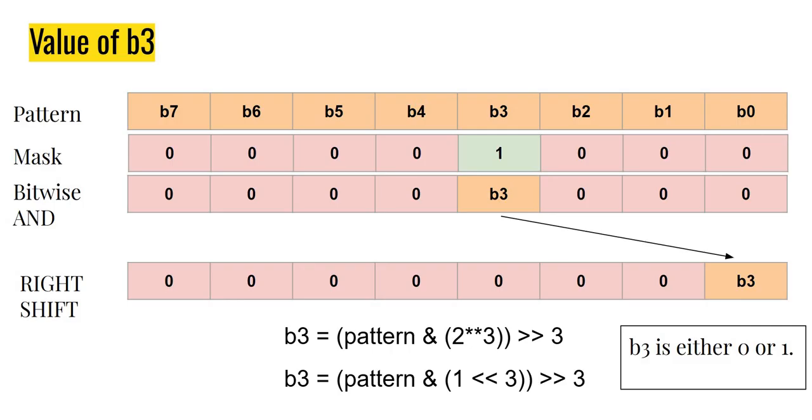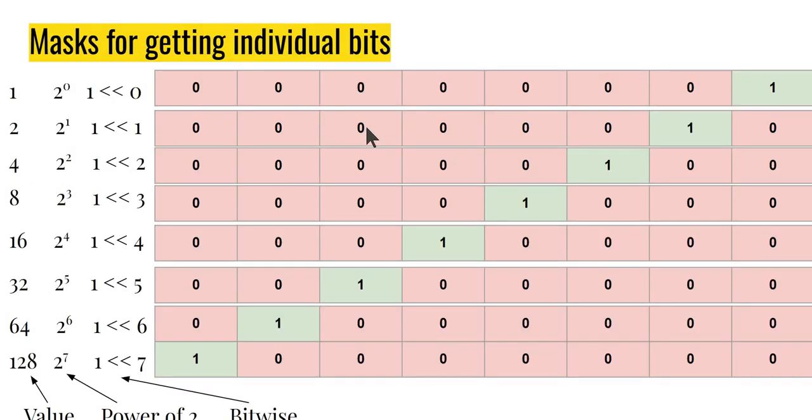This basic idea can be applied on all the bits. The only thing that changes, if I want to get the value of B0, is that the mask will have to change to being 1 here and all zeros. If I want to get B5, the mask will have to be 1 here and all zeros. And that's what I've tried to illustrate to you over here.